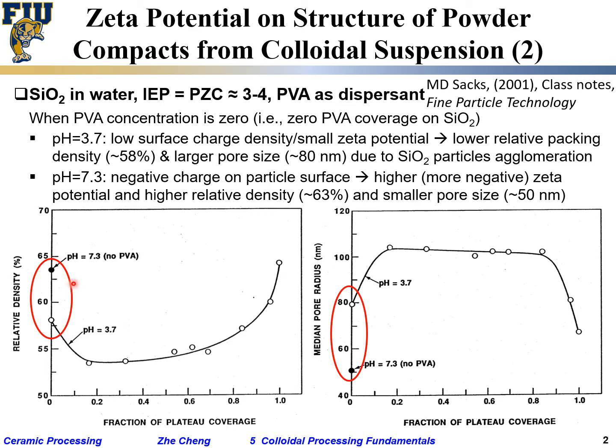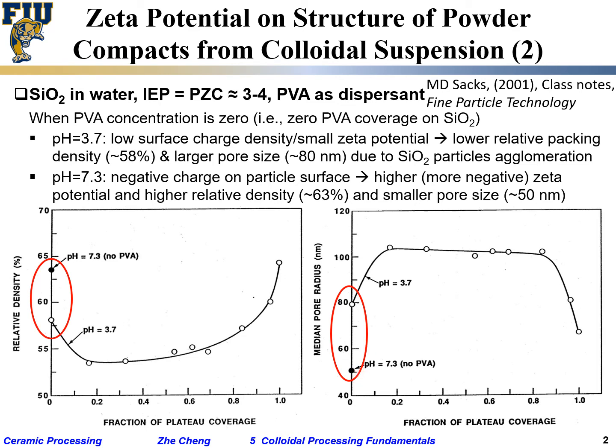As a result, it should have higher zeta potential, a higher absolute value of zeta potential. Comparing solid versus open, I have higher relative density for the powder compact. And at the same time, higher density means smaller interparticle pore size.